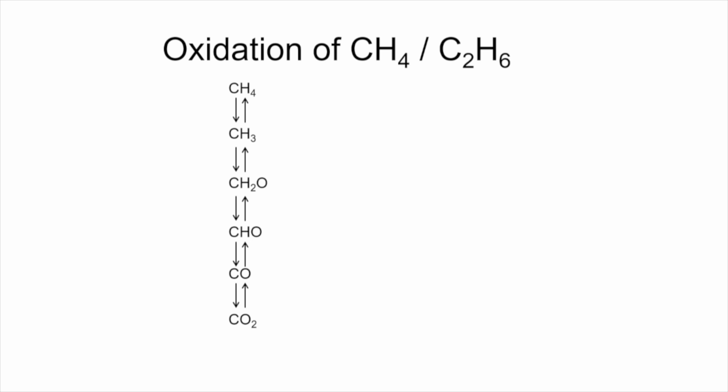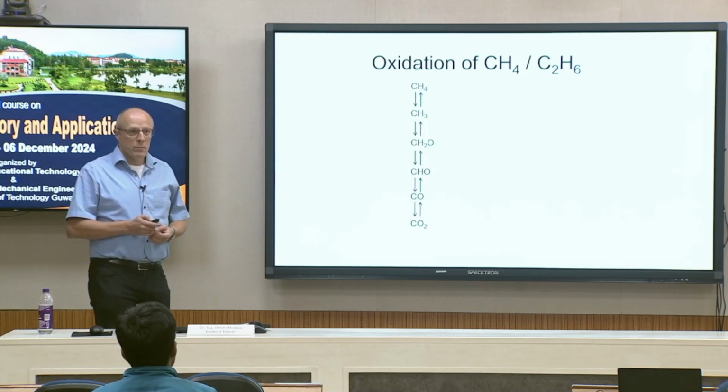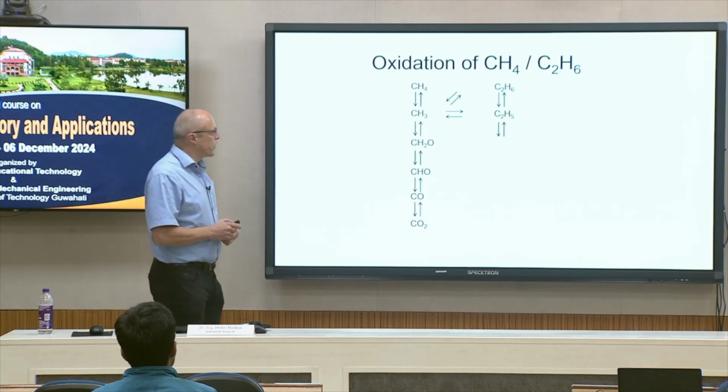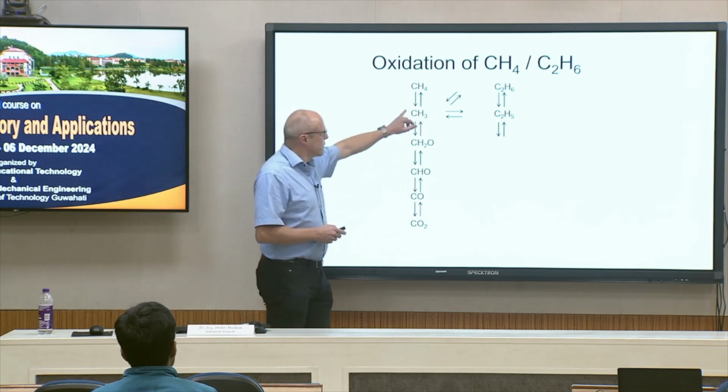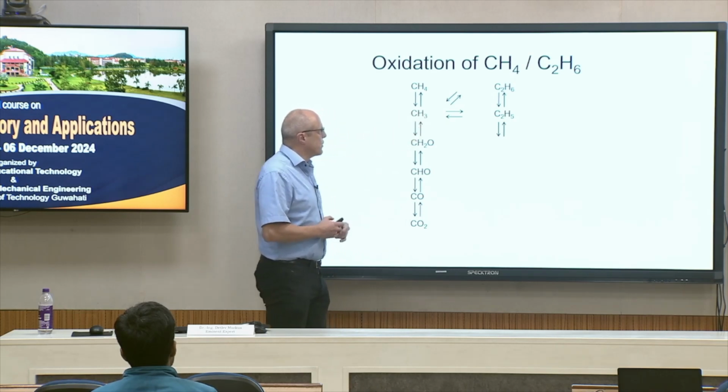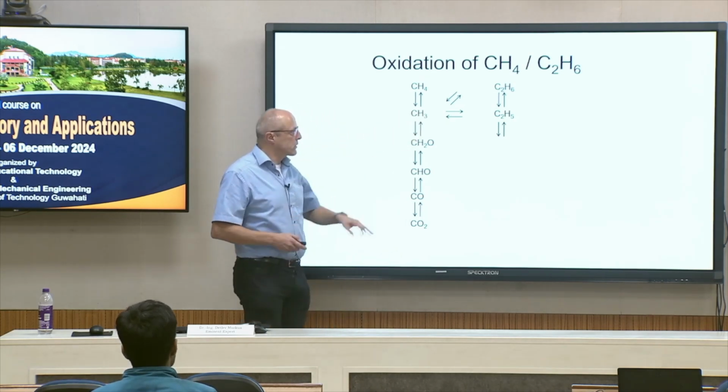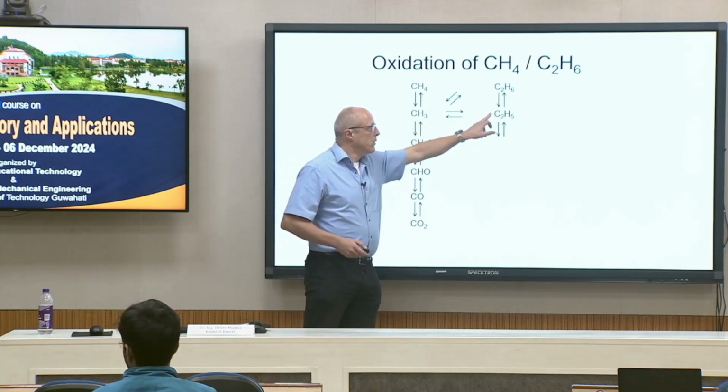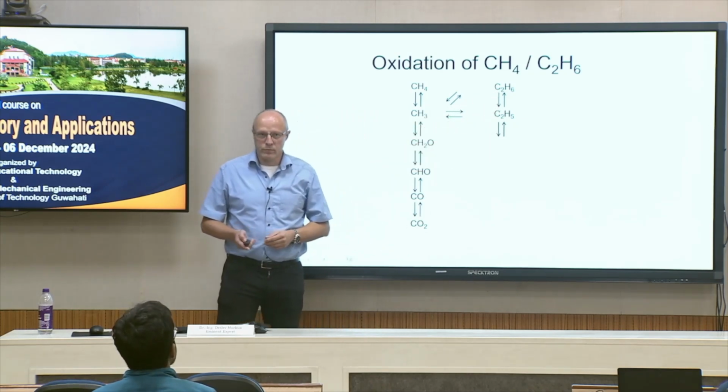So here we have the methyl radical and CHO radical as intermediates, but this is the way the oxidation of methane in a flame occurs, at least for lean mixtures, because for rich mixtures there is another pathway possible. There is a recombination of CH3 radicals leading to ethane or this ethyl radical.